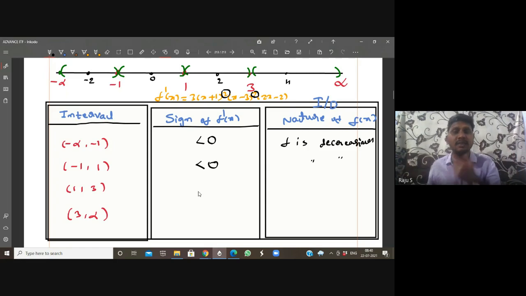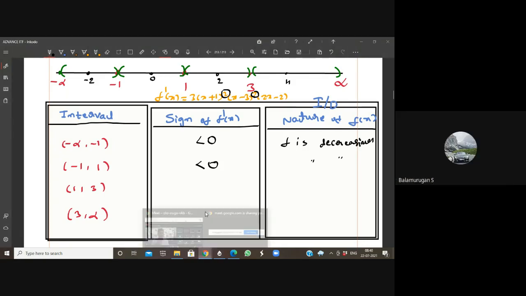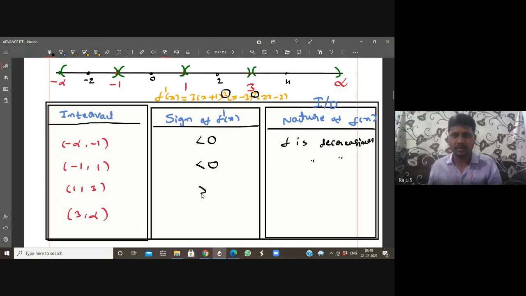Then what about 1 comma 3? Students, lesser than or greater than? Greater than. Yeah, it is greater than 0. Then at last, greater than 0, nothing but f is increasing. Here also, same, f is increasing.